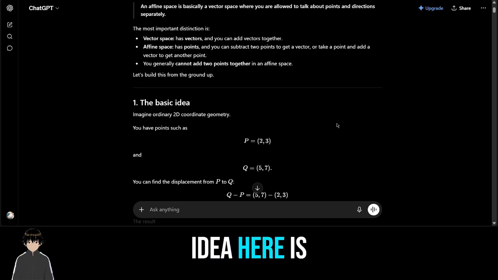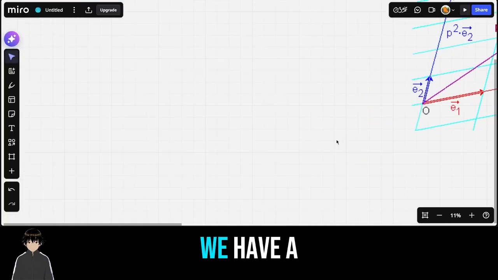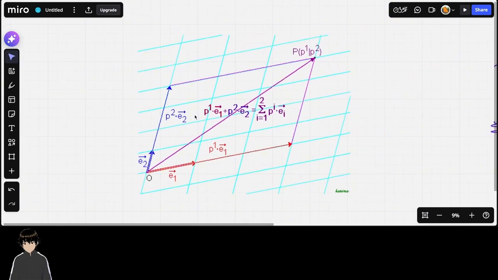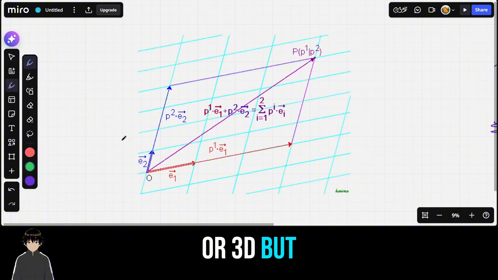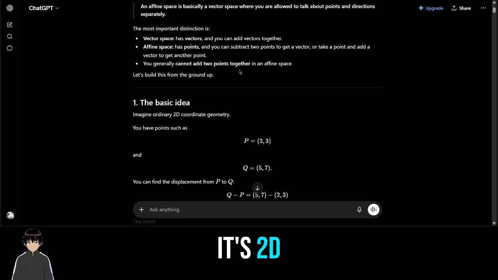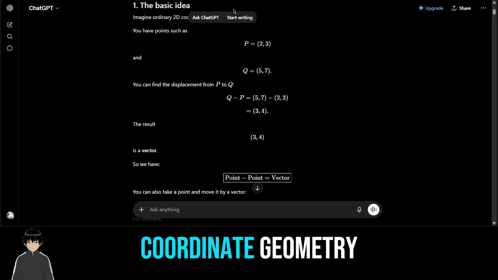So the basic idea here is, imagine ordinary 2D coordinate geometry.